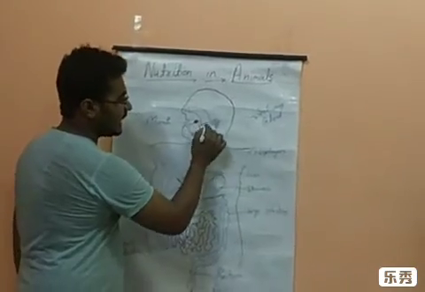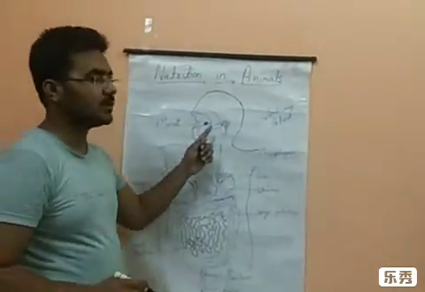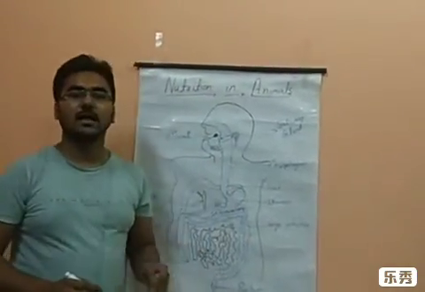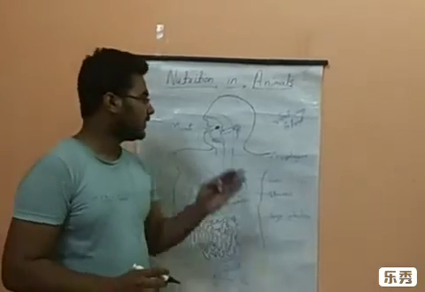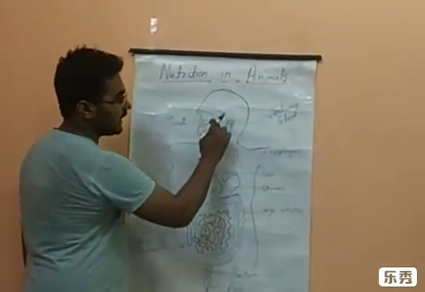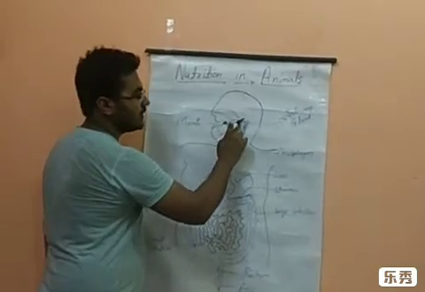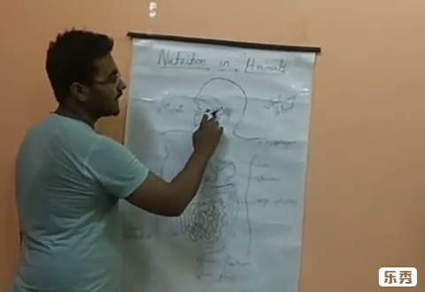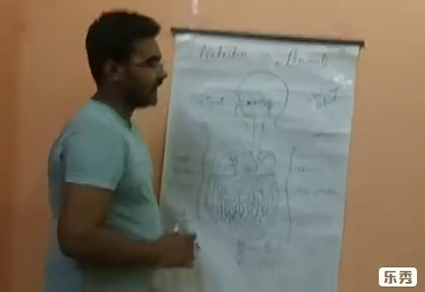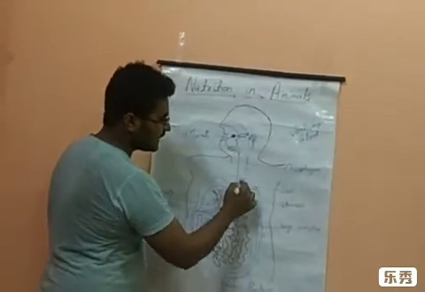Here is the epiglottis, a flap-like structure. When the food particle is coming, it closes the windpipe so that the food does not get inside the windpipe and moves directly towards the stomach.